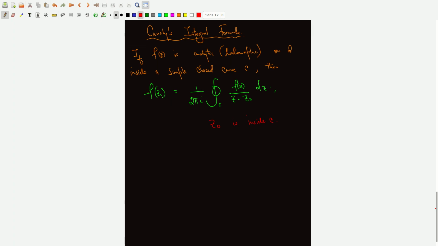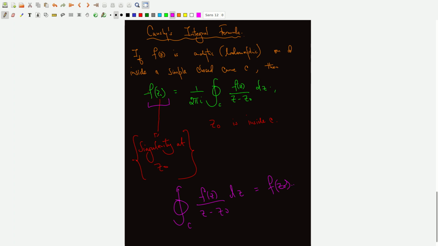Cauchy's integral formula simply tells us that if we have any function f which possesses a singularity at the point z equals Z0, then we can evaluate this integral by evaluating the value of the function at that point.